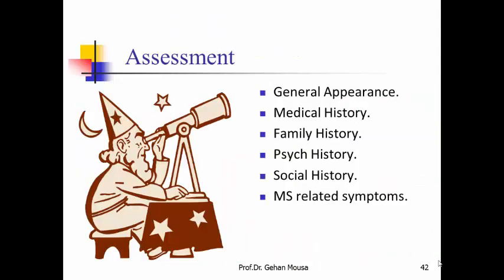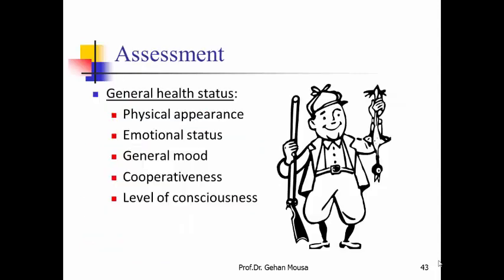Assessment. Assessment includes general appearance, medical history, family history, psychological history, social history, and MS related symptoms. The physical appearance, general mood, emotional status, and level of consciousness must be taken into consideration before starting the assessment procedures.